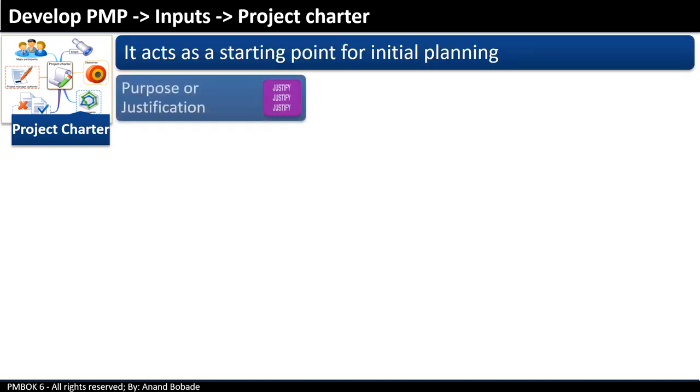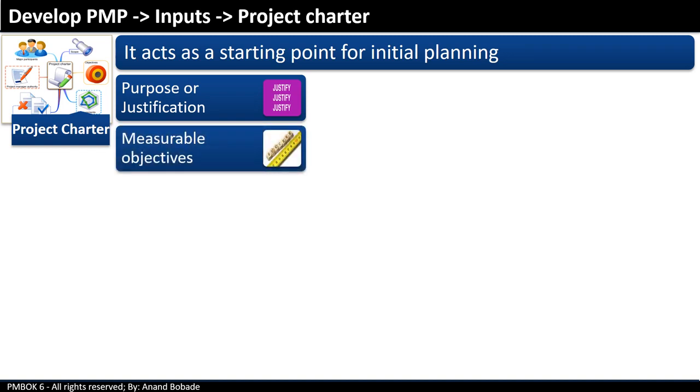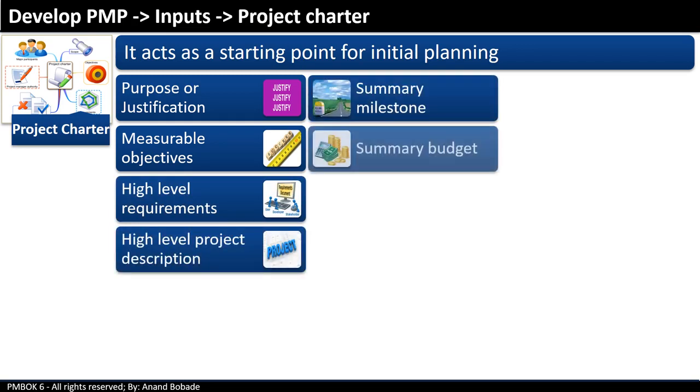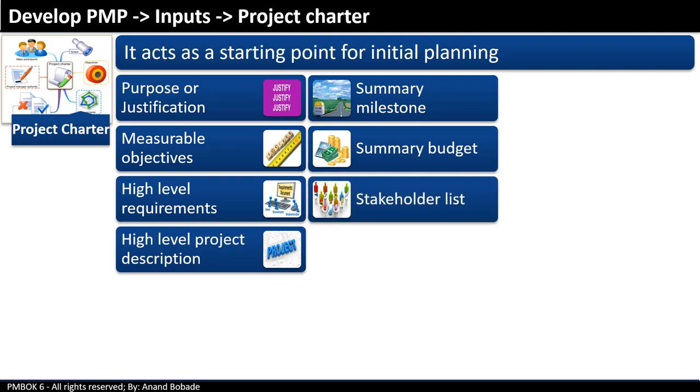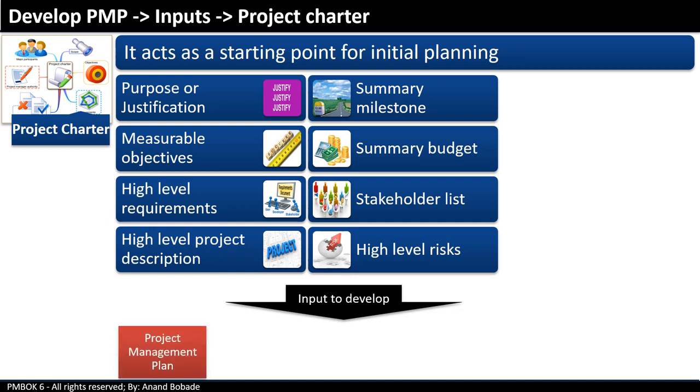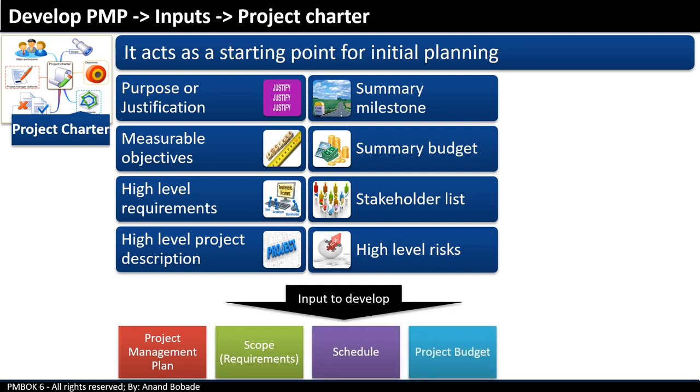We get information like project purpose or justification, SMART objectives, high-level requirements, high-level project description, summary milestones, summary budget, stakeholder list, high-level risks, etc. All this information acts as input which will be elaborated in various project documents and subsidiary plans. So it acts as input to the project management plan, to scope while gathering requirements. It also acts as an input for schedule, project budget, etc.